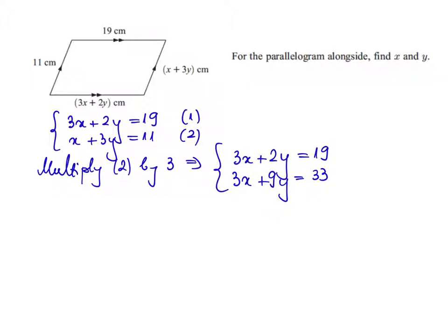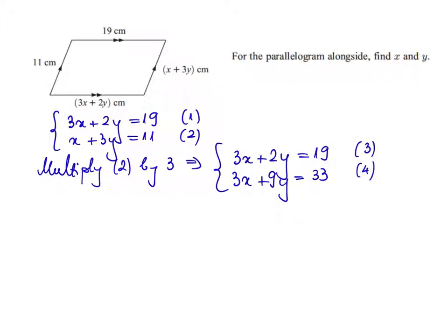Now I have the same 3x here and here. One needs to be with minus. I will choose to multiply that equation by minus 1, because here I have 2y's and here I have 9y's. So I like to have minus 2y here instead of minus 9y here. My answer will still be correct, but I want to get as simple as possible calculation.